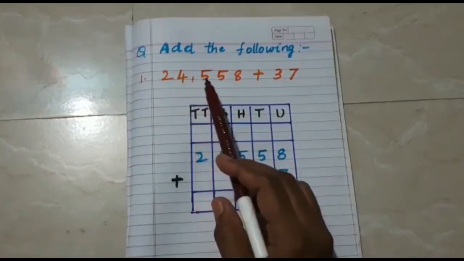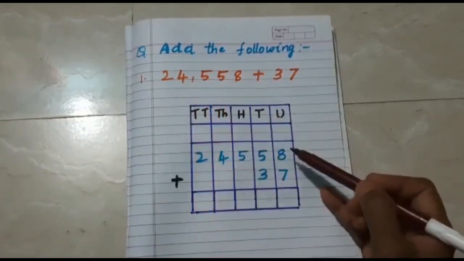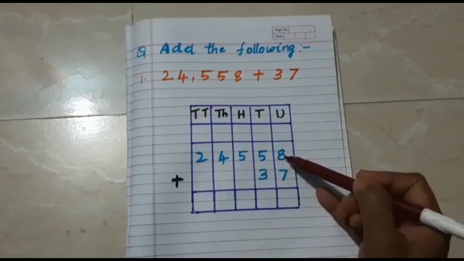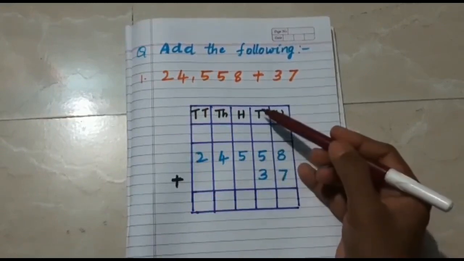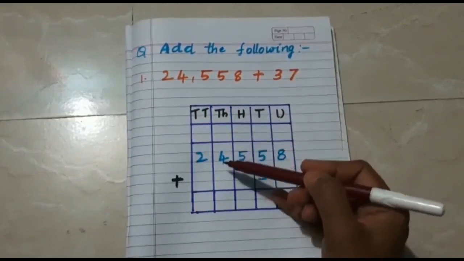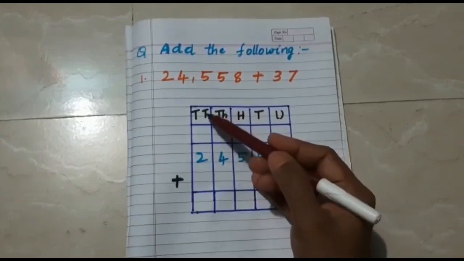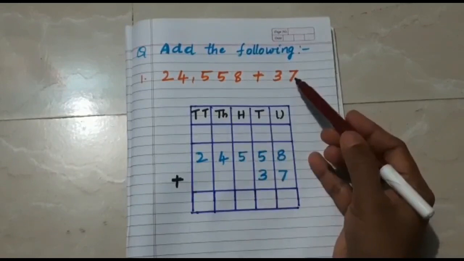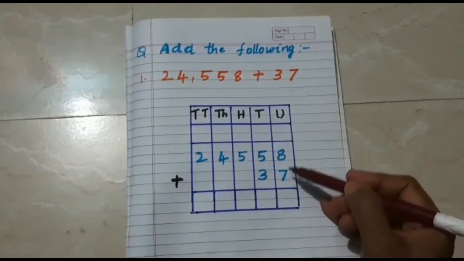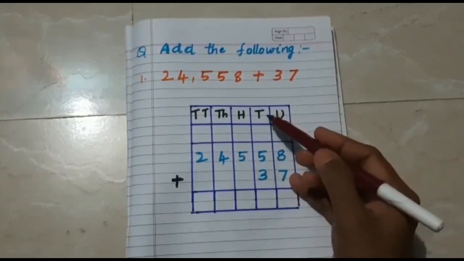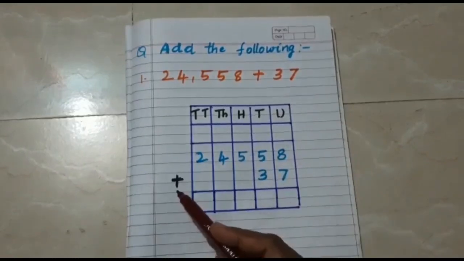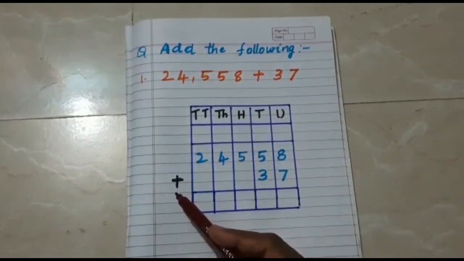Then for 24,558 we have to write the 8 in the units place, 5 in the tens place, 5 in the hundreds place, 4 in the thousands place and 2 in the 10,000s place. Similarly for 37 also, 7 in the units place, 3 in the tens place. Then don't forget to write the plus sign.